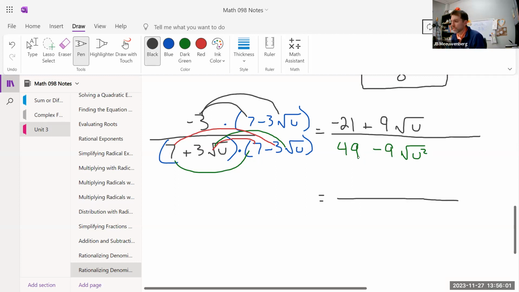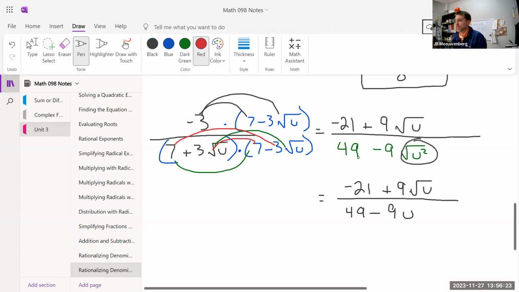Okay, let's see what we can do here. We have -21 plus 9 radical u over 49 minus 9, and then we're going to take the square root of this, which is u. There's no more radical in the denominator. That's exactly what we wanted.